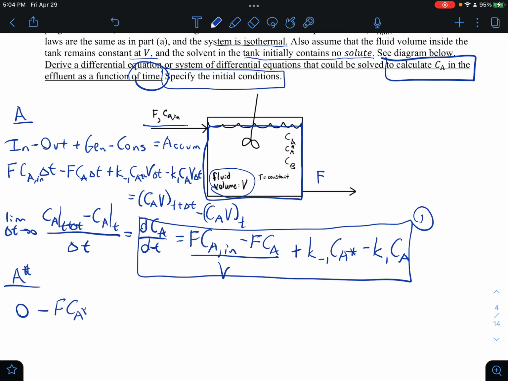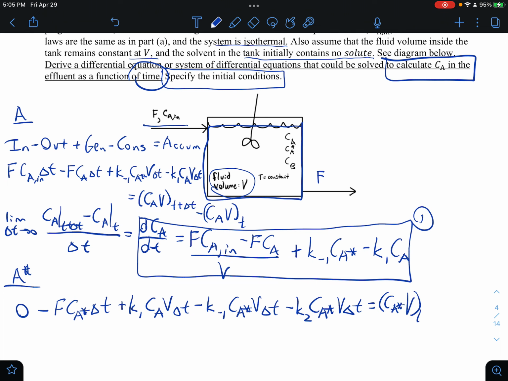The output is going to be F CA star delta T. The generation of A star is going to be plus K1 CA V delta T. The consumption is going to be minus K negative 1 CA star V delta T minus K2 CA star V delta T, and accumulation is going to be CA star V at T plus delta T minus CA star V at T.